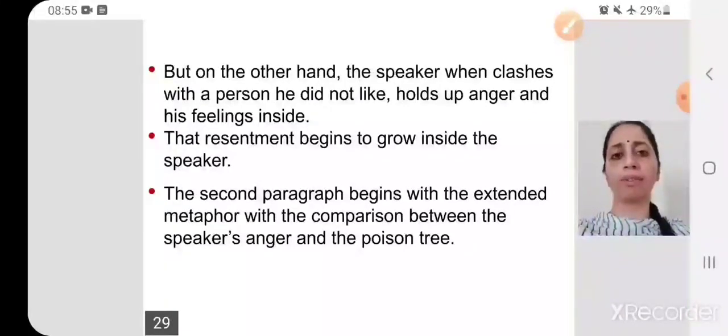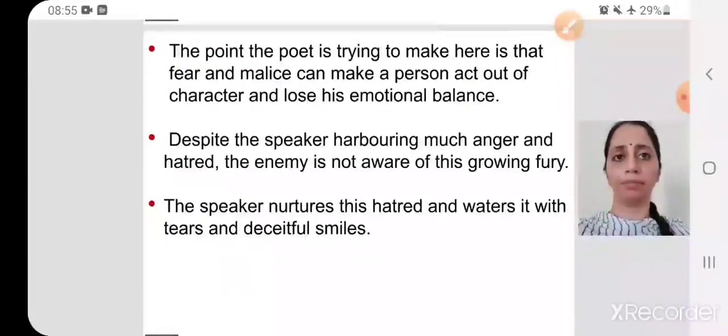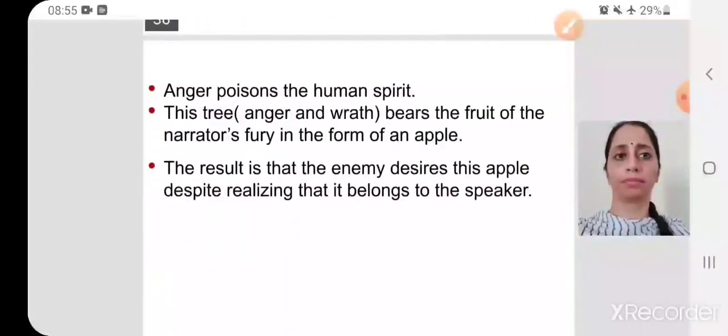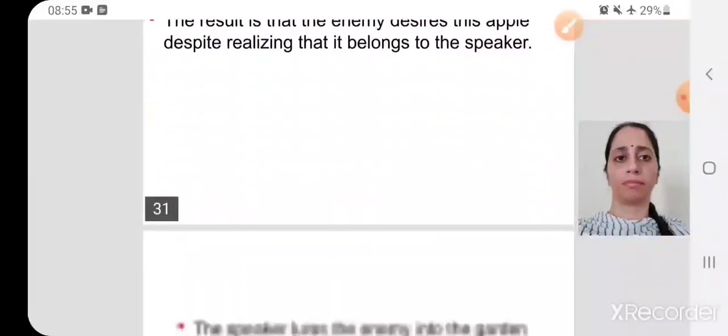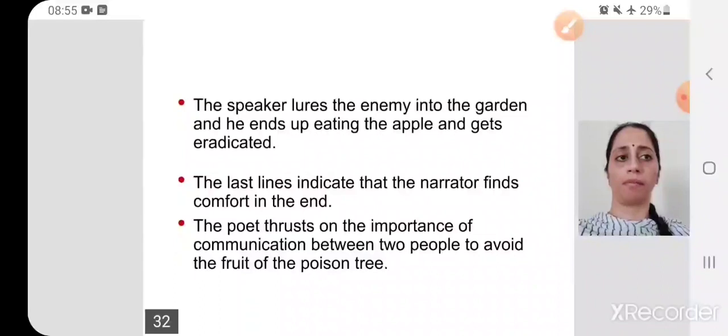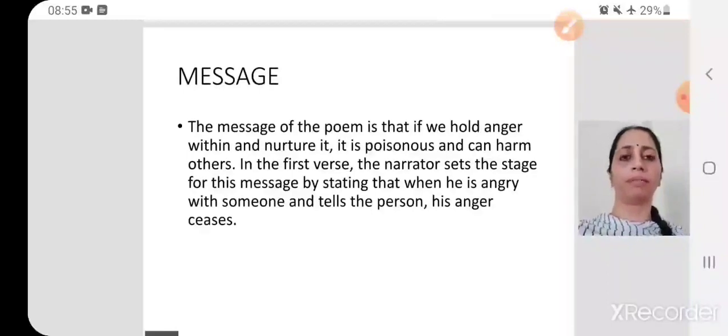Basically, they just give you the summary of the poem. In short, what the poem is all about. So what is the message that we get from this poem?